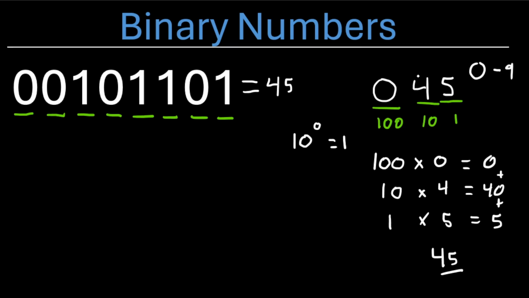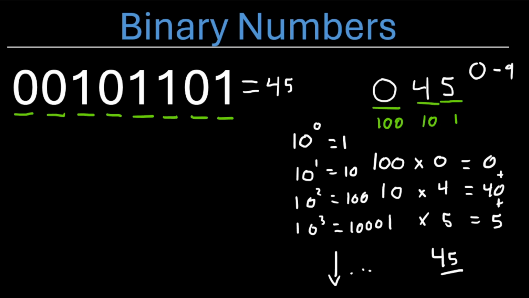If we move over one place, we take 10 to the 1, we get 10 for our tens place. This pattern repeats as we keep moving leftward, so we get our hundreds, then our thousands. This pattern repeats depending on how many digits you have.